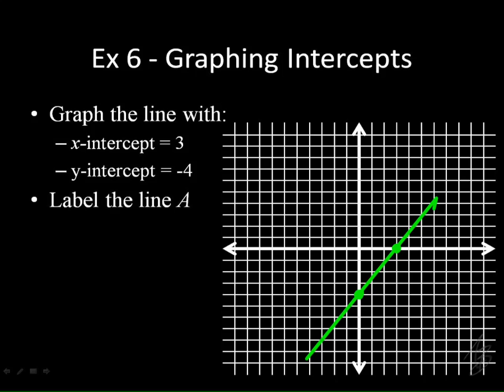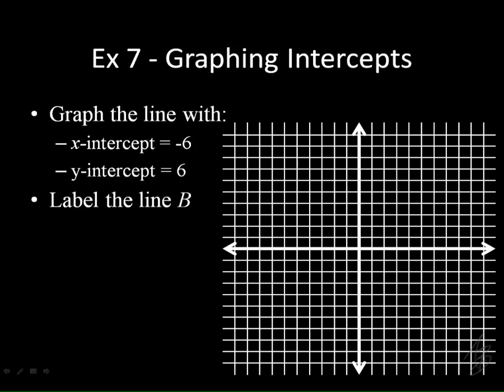Okay, let's put the arrows to show that line's going to keep going. And then the other thing, since we're going to graph 3 lines in the same coordinate plane, I want you to label this line A. So just put an A next to the end of this line here so you know that that one's from example 6. Okay? Any questions about that one?